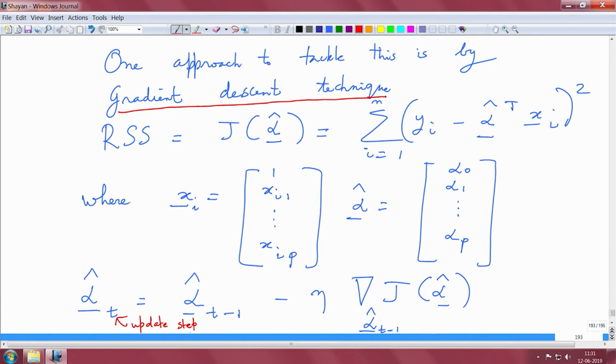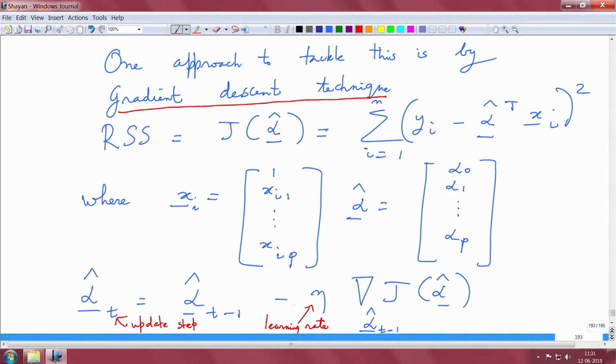So this is my update step and this is discrete: alpha hat at time t is alpha hat at time t minus 1 minus some eta, which is a learning parameter or learning rate, times the gradient of the cost with respect to alpha hat at time t minus 1.